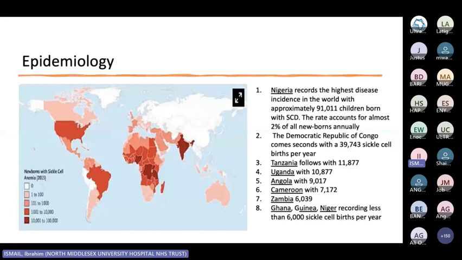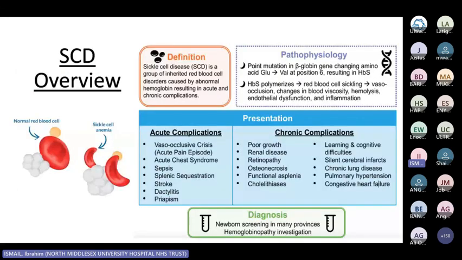So this is just an overview of what we were talking about. We've already understood what sickling of the red blood cells is and what the gene mutation is that causes the sickling itself. As a consequence of sickling in the blood, you get acute and chronic complications. Acute complications include stroke, sepsis, and splenic issues, whereas chronic ones include poor growth, renal disease, retinopathy, and learning and cognitive difficulties.